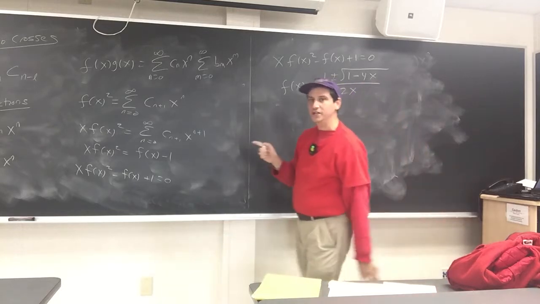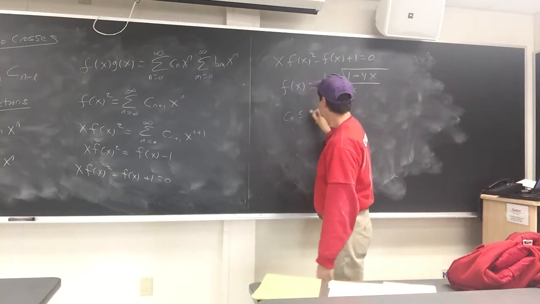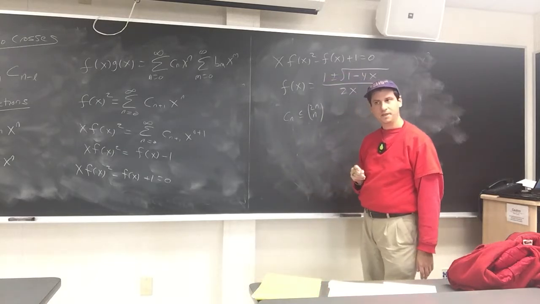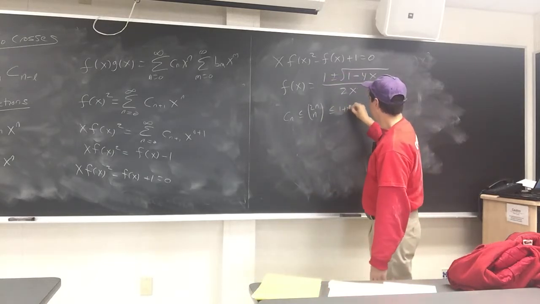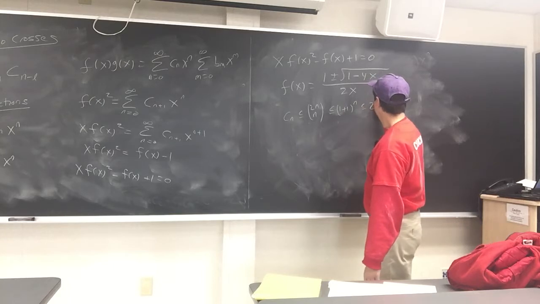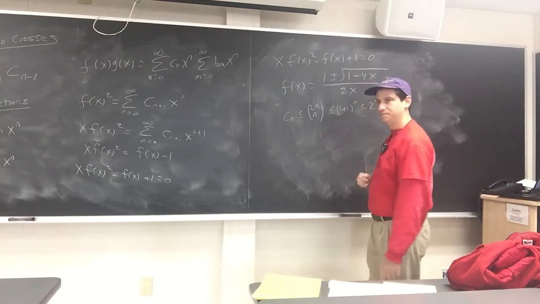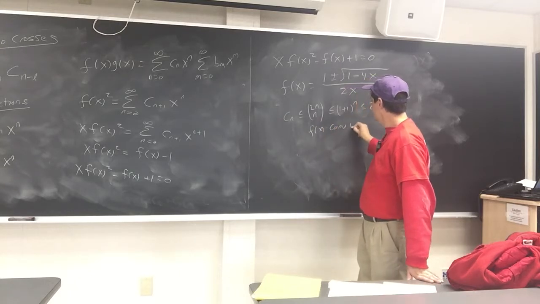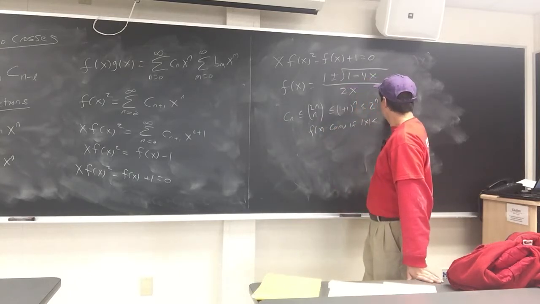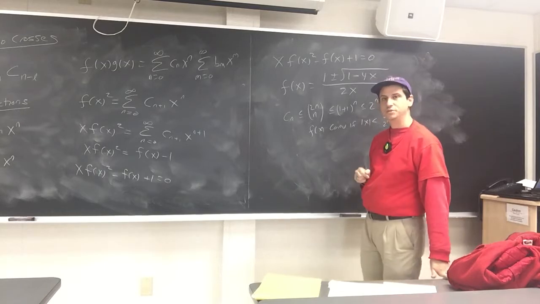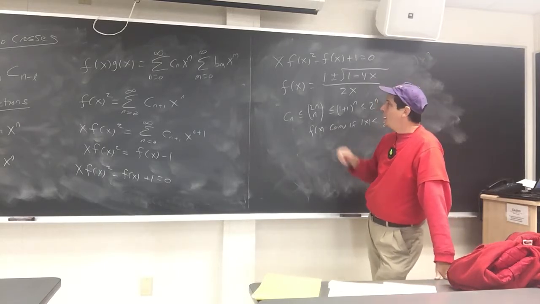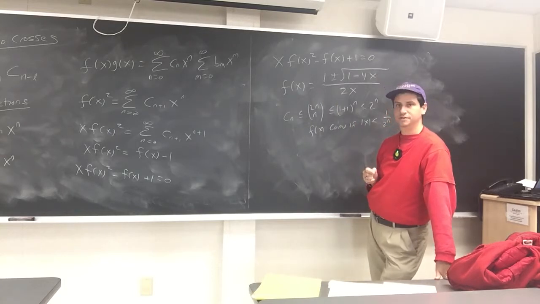Well, we know earlier that c of n is less than or equal to 2n choose n. This is less than or equal to 1 plus 1 to the n. It's less than or equal to 2 to the n. So we know f of x converges if the absolute value of x is less than 1 over 2 to the n, because it'll be a geometric series. So f of 0 should be well behaved.